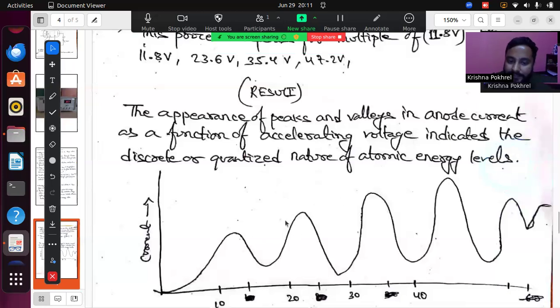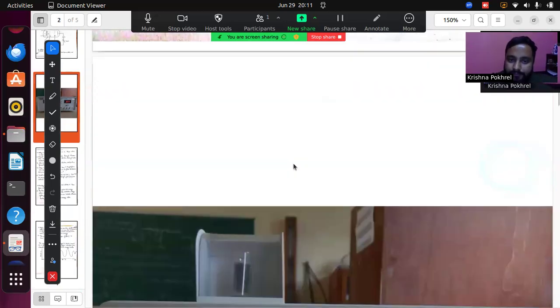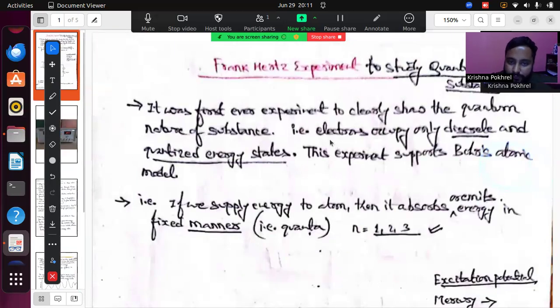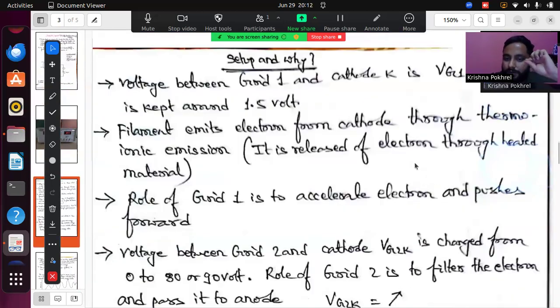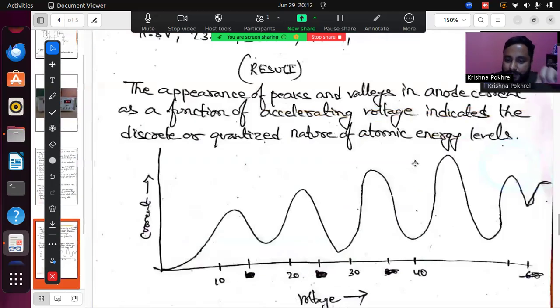The presence of peaks shows that there are discrete or quantized energy levels. As I talked about before, the main purpose of this experiment is to show the quantum nature of substance, that is, electrons occupy only discrete, quantized energy states. This experiment supports Bohr's formula because of these peaks.